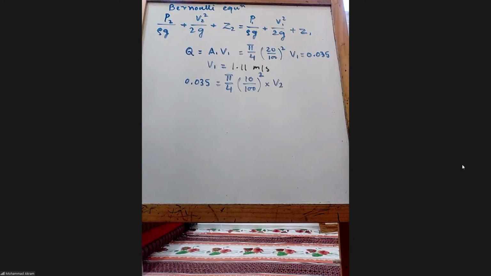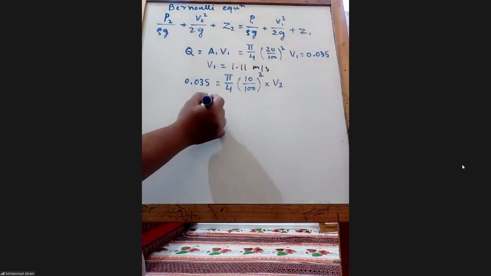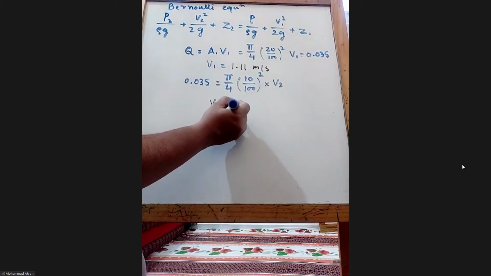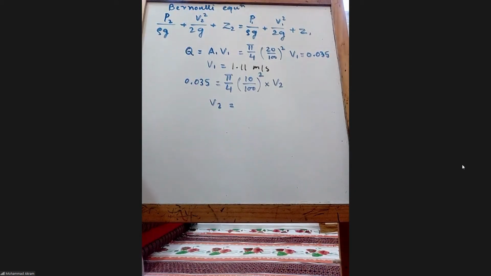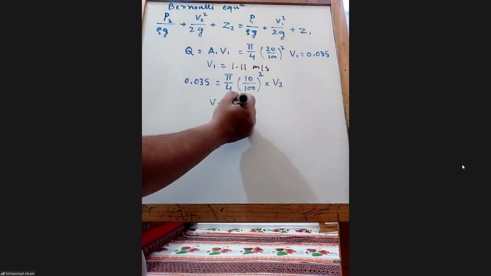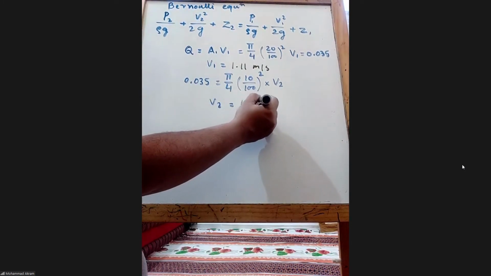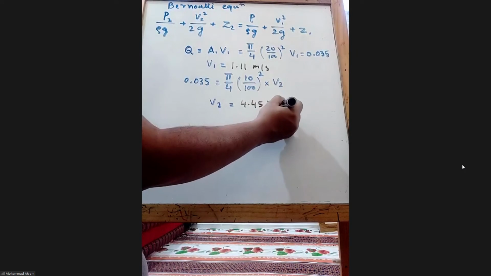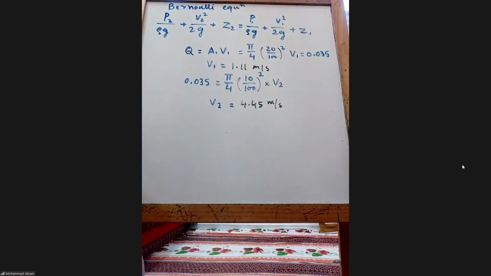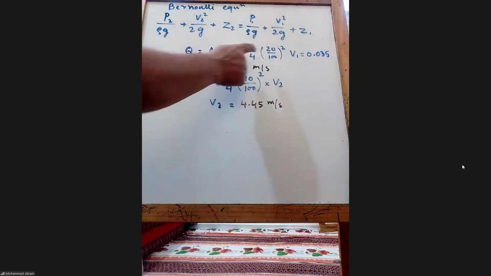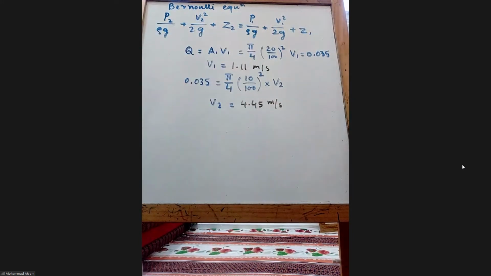Yes, I got the same answer. How about V2? It's 4.45 meters per second. Okay. So since the diameter is decreasing, velocity is increasing.